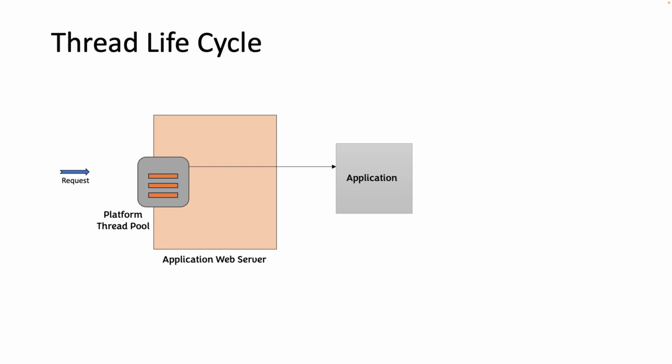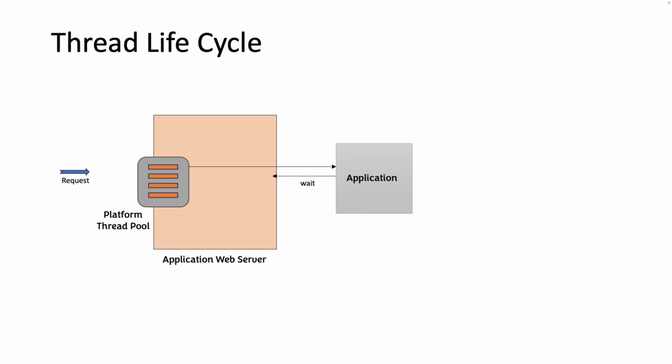Once the request is sent to the backend application, the thread needs to wait until it receives a response back from the backend. Once the response comes back, again the thread will return to the thread pool. This is the typical thread per request model or thread per request architecture.